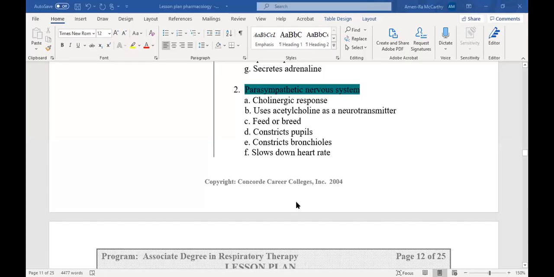When acetylcholine is used as the neurotransmitter, then your body will go into the cholinergic response. And when that happens, you have pupil constriction, bronchioles constrict, and the heart rate slows down, okay?